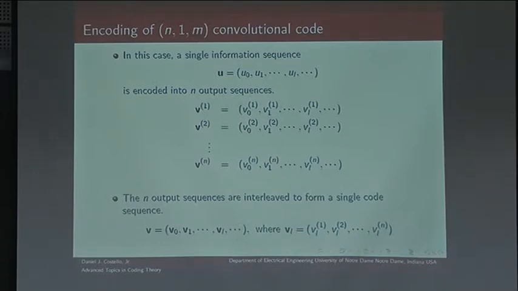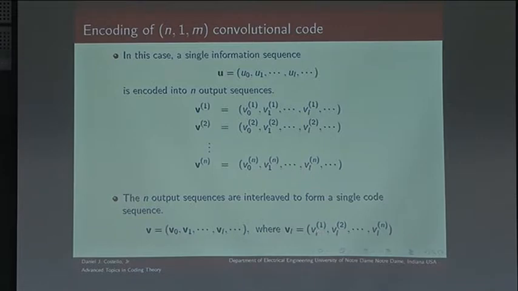And if we want to, this is not necessary to think of it this way, but if we want to think of everything being combined into a single code sequence or a single code word, we can interleave the output sequences together.